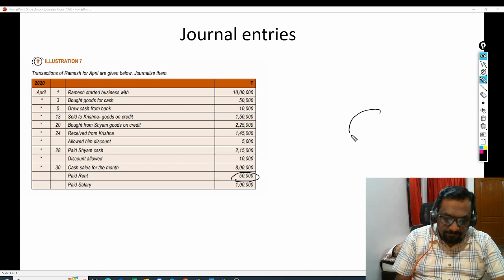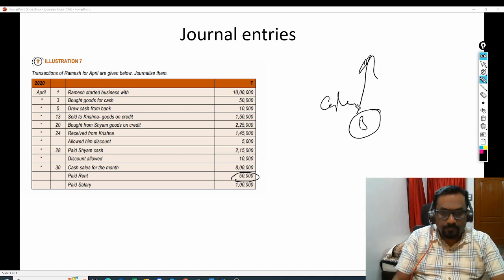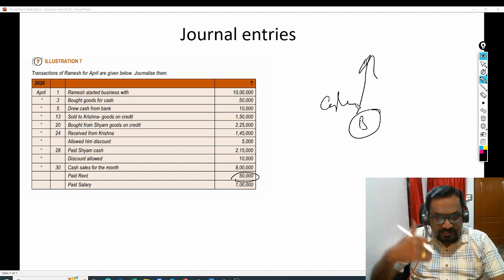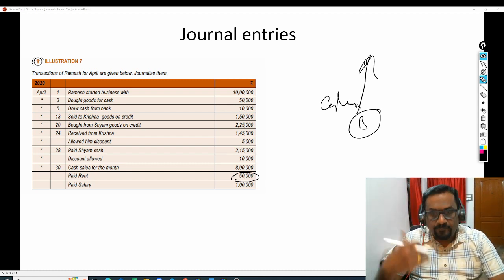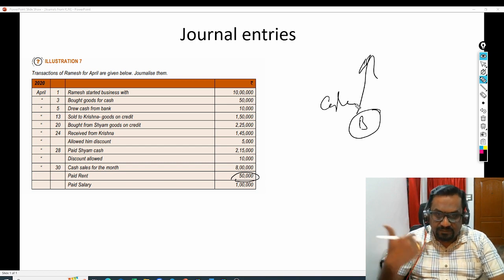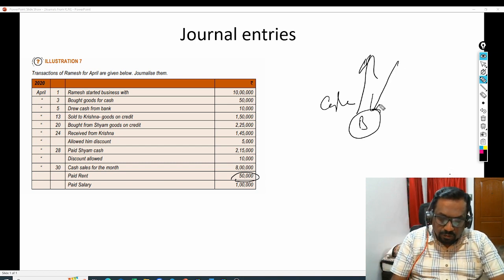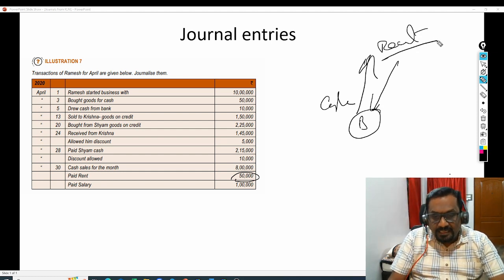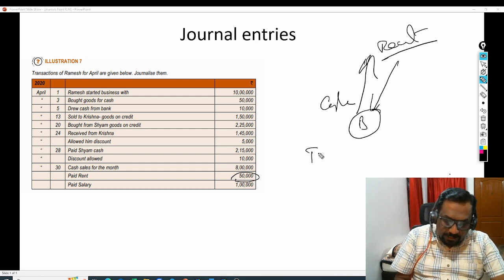Right. Next, paid rent 50,000. Business paid rent. That means what? Cash went out. Why do we pay rent? Because we receive the building facility, some services, some facility we would have received. So we generally name these facilities as rent. Rent is an expenditure. All expenses and losses are to be debited.